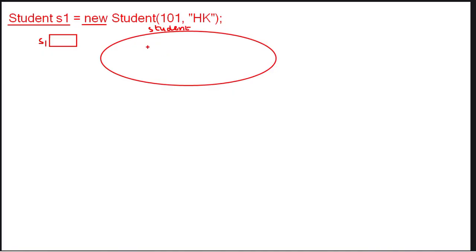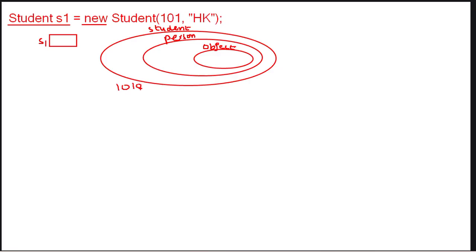Next, person, next, reference. All these three memories are called the student object. So top to bottom, memory allocation is complete.